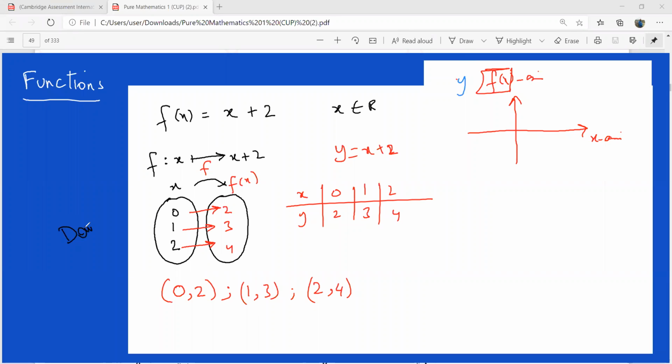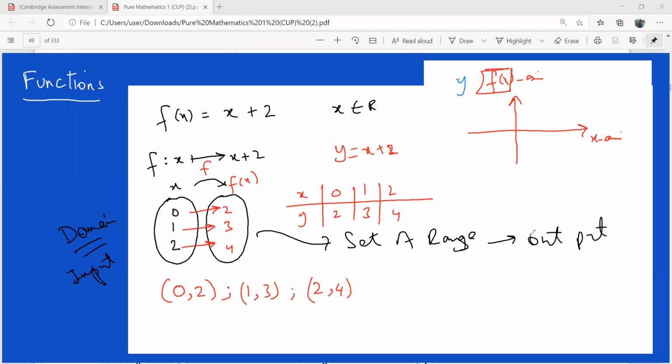This is the domain, which is also the input of a function. And this one is the set of range. We get used to calling this the values of y actually, or this is the output of this function.